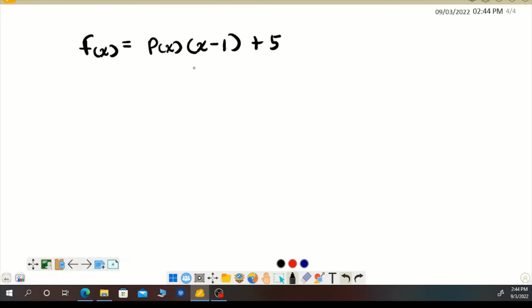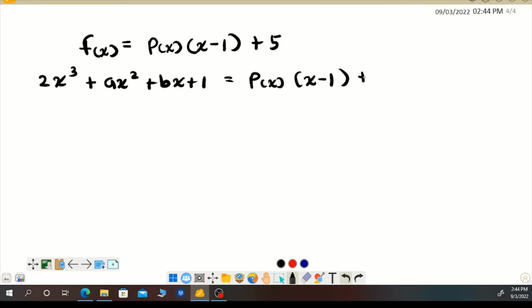Substituting the given f(x): 2x cubed plus ax squared plus bx plus 1 equals p(x) times (x minus 1) plus 5.